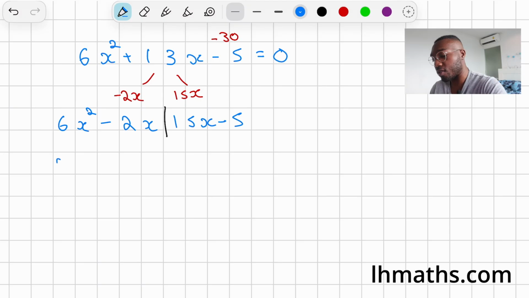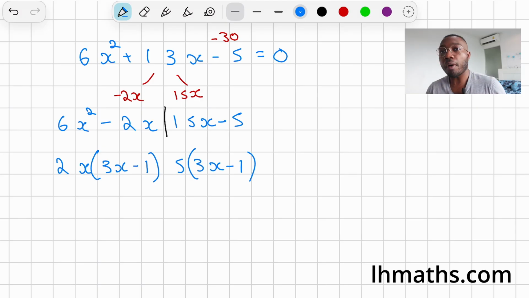So we get a 2x, and then we'll be left in the brackets with 3x minus 1. Then we do the same thing with the 15x minus 5. In this case, a 5 would come out, and then again, we'll be left with a 3x minus 1.